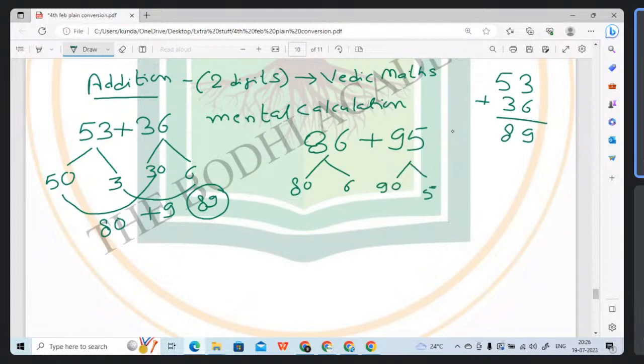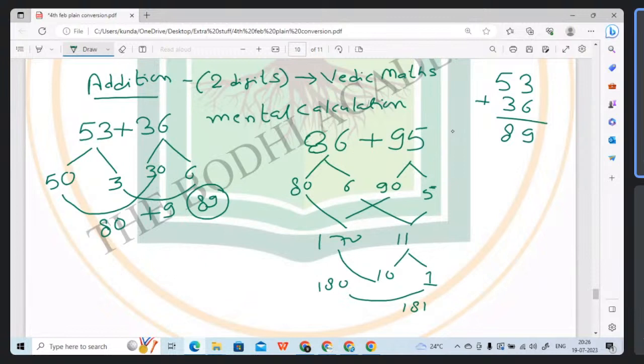So 80 and 90 is 170, 6 and 5 is 11. Now 170 plus 11, 11 again break, 10 and 1, 170 and 10, 180, 180 and 1, 181. 181 is the answer.